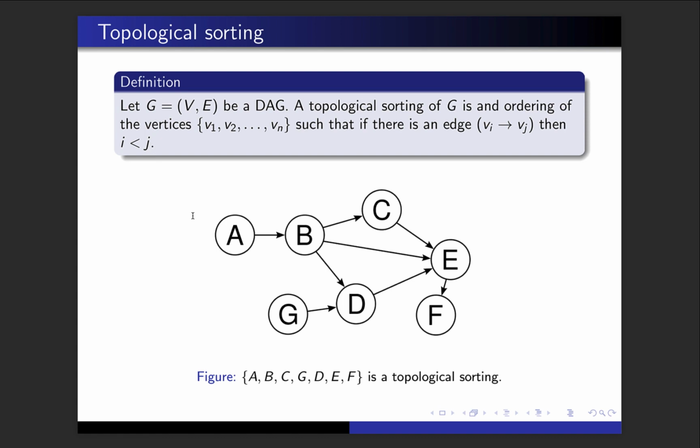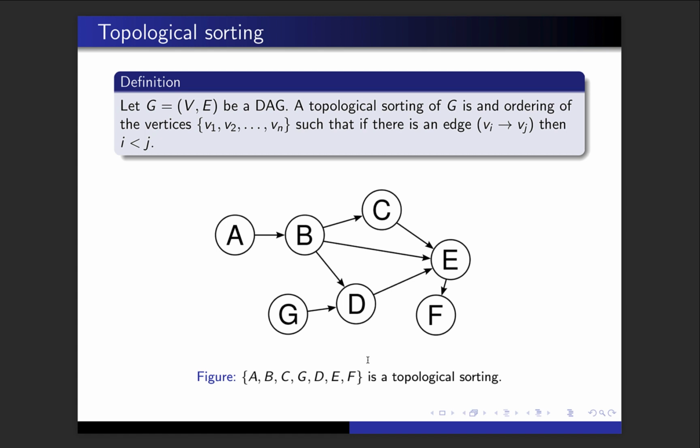For example, take the picture of the graph I showed you before, the smaller one, of course. I can label, or enumerate, or order the vertices in this order: A, B, C, G, D, E, F, and I claim that you can check all the edges are pointing from left vertices to rightmost vertices, and that is easy to check.